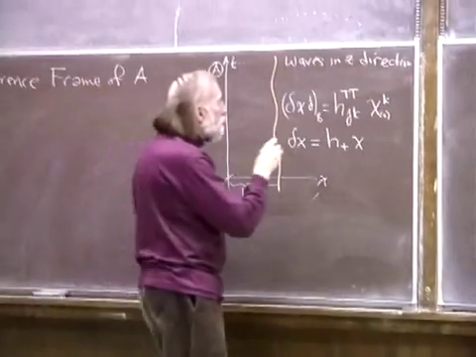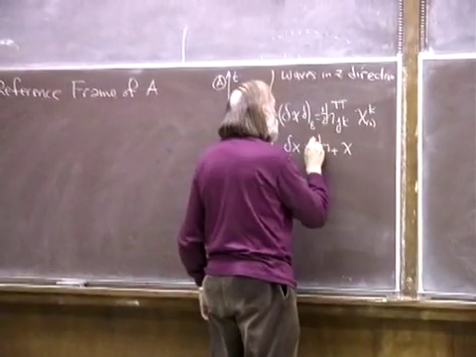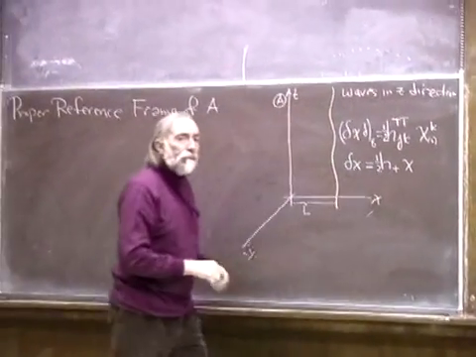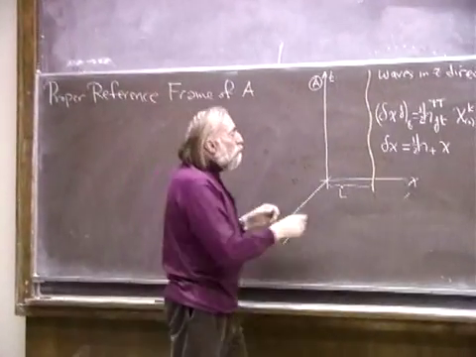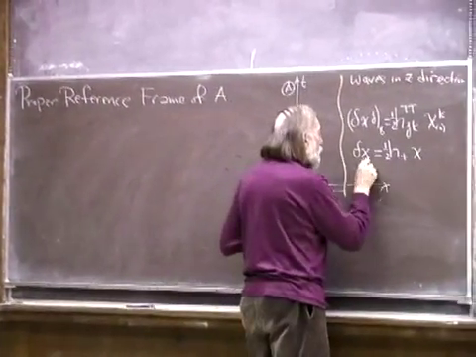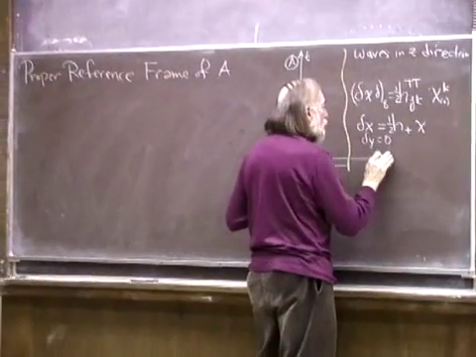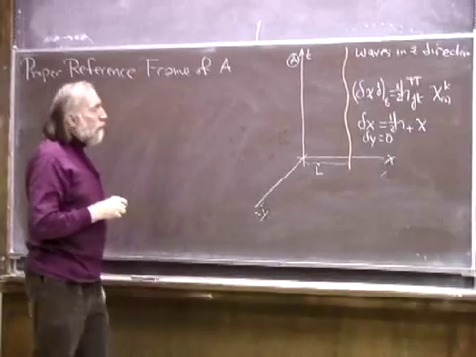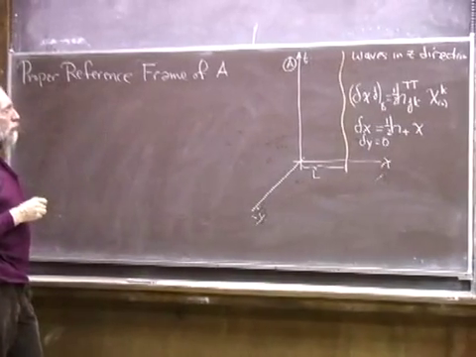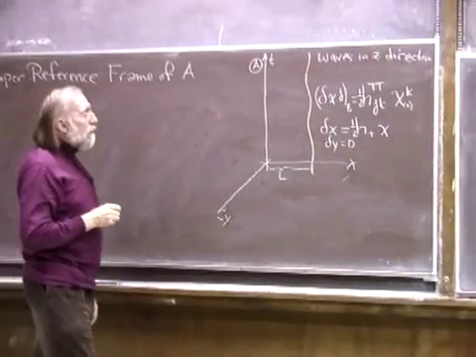Is there a 1/2 in here? I think there's a 1/2 in here. Okay. And there is no perturbation in the y direction because the particle is on the x-axis. Is that right?